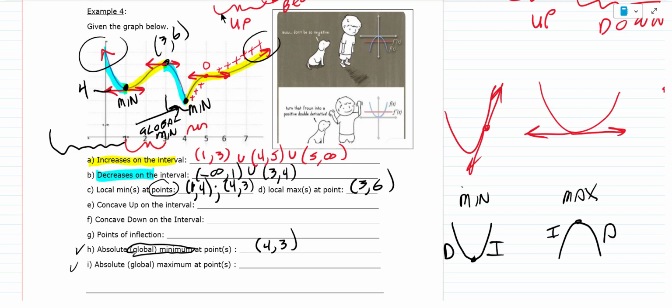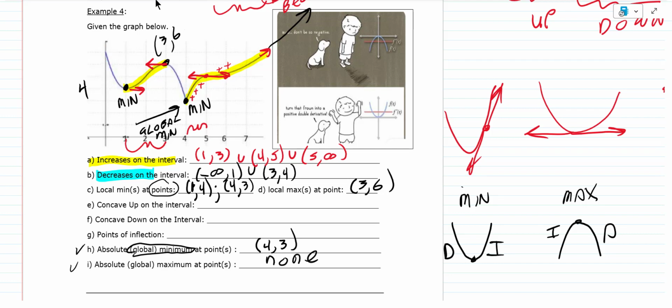So you have to pay attention to this. There's no endpoints on this. This graph just keeps going up forever, so there's not one. The graph doesn't go down forever, so you have an absolute low point, but you don't have an absolute high point. Does everybody understand that? You got to pay attention to that.